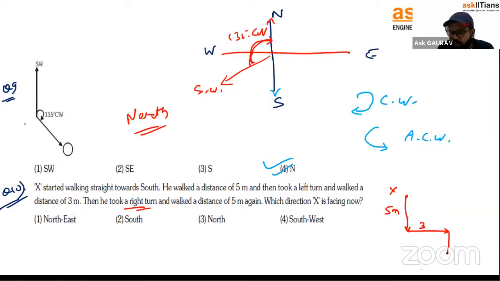The right turn will be here, and walked a distance of 5 meters again. Which direction is X facing now? He is facing the south one, right? Clear, guys?